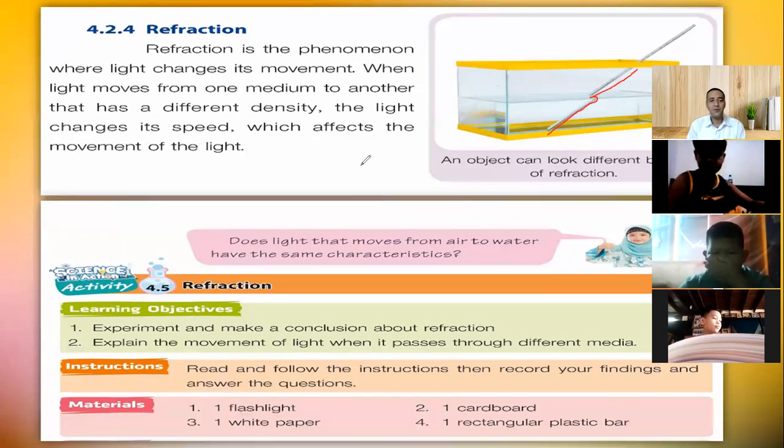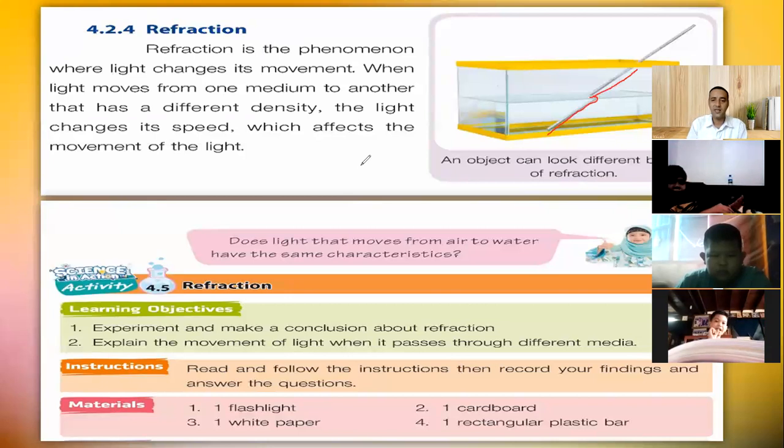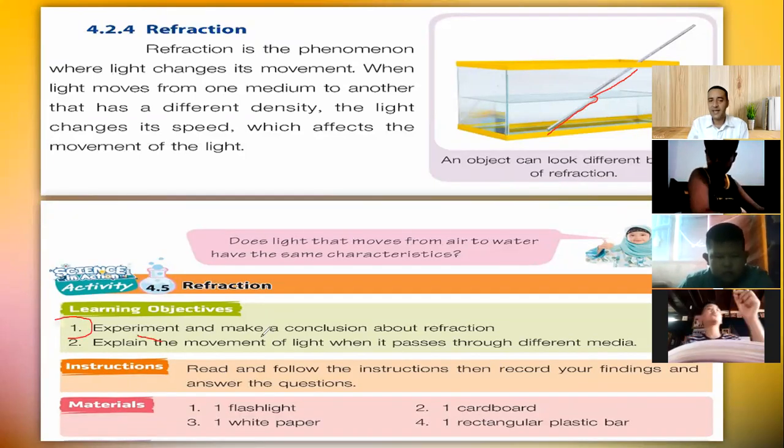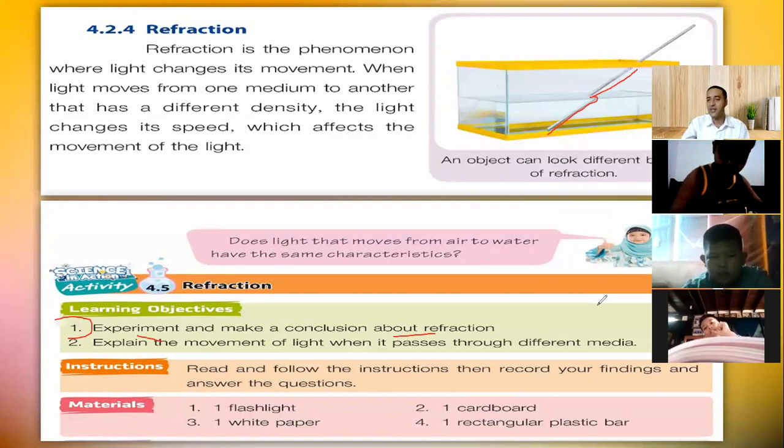Okay, now we have one experiment about refraction. What are the objectives? The first objective is to experiment and make a conclusion about refraction, so we are going to find how refraction actually happens.